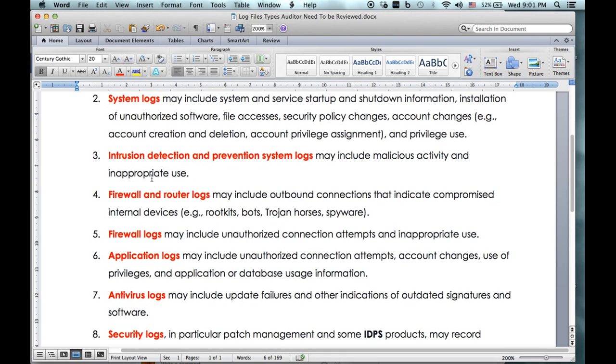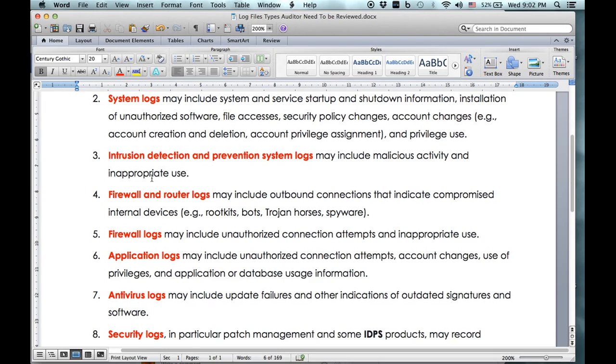the IDS or IPS system log. The auditor may obtain this log to identify what kind of malicious attack or activity, inappropriate use or inappropriate configuration setting, or identify the chance of compromise from external factors or from network sniffing activity.